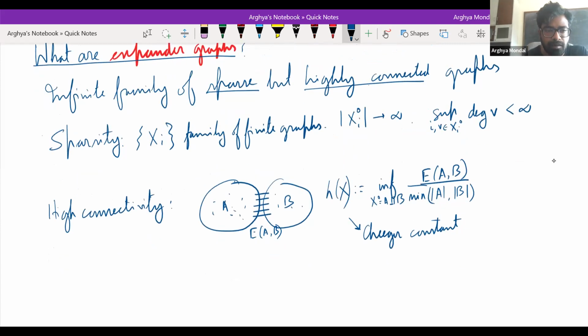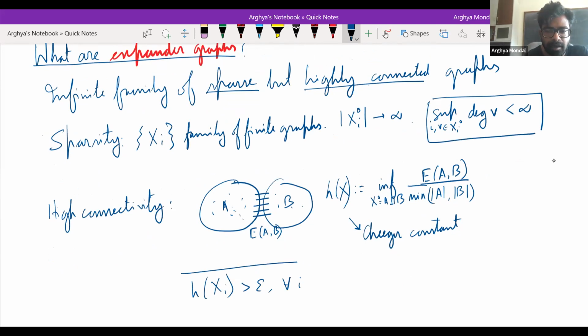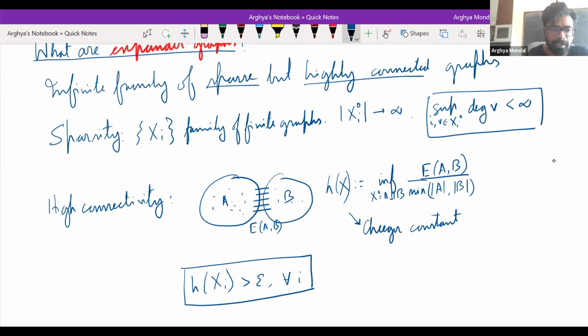What I want from my expander graphs is that h of xi is bounded below uniformly. So these two conditions, bounded degree and uniform lower bound for the Cheeger constants, these two properties together mean that my family of graphs is expander graphs.